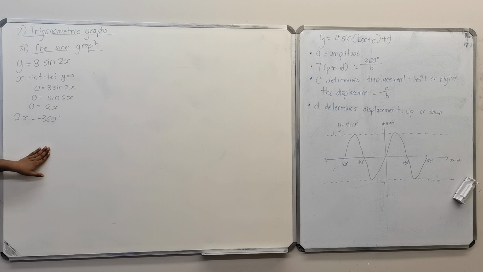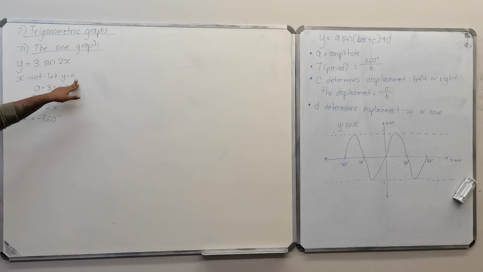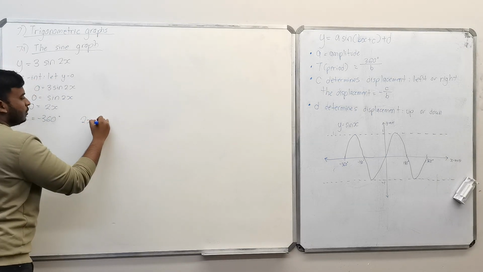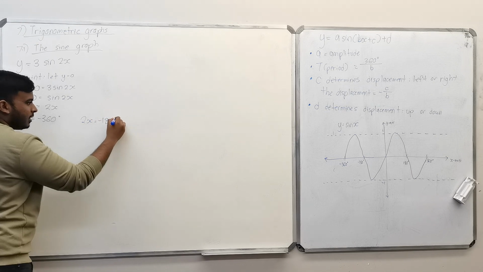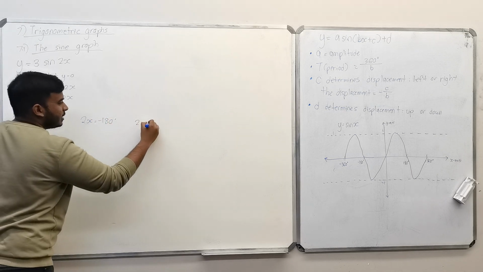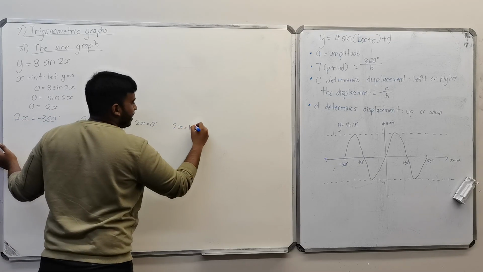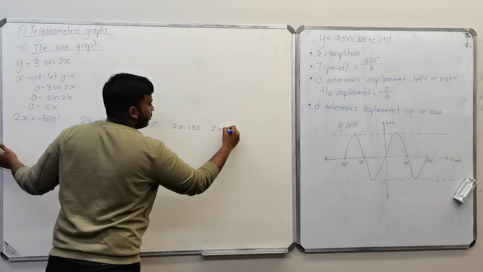Because remember when y is equal to 0, you're going to come out with 5 values of x where y will be equal to 0. So if you have this, you have 2x equal to negative 180. You'll have 2x equal to 0, 2x equal to 180, and 2x equal to 360.